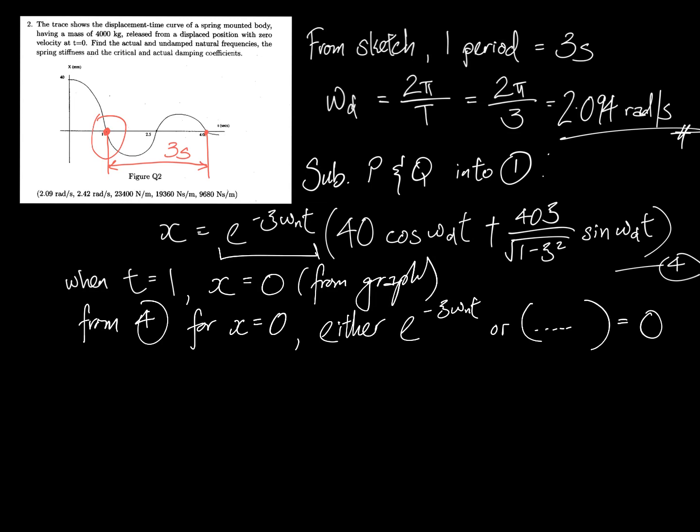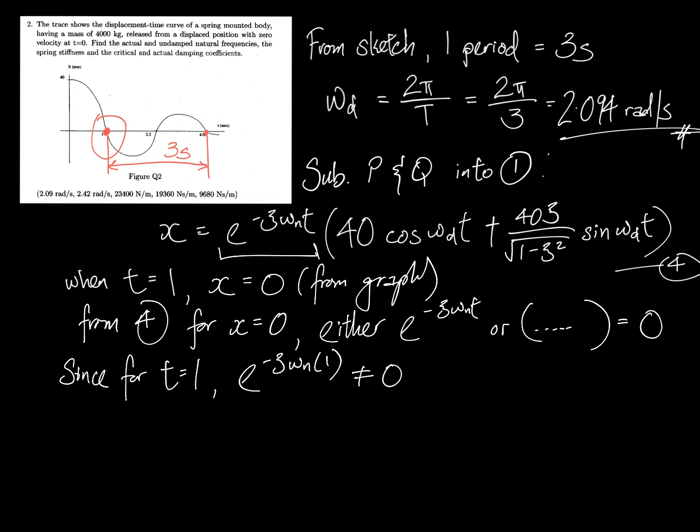But if we observe, for t is equals to 1, our E term, minus zeta omega n times 1, cannot be equals to 0.